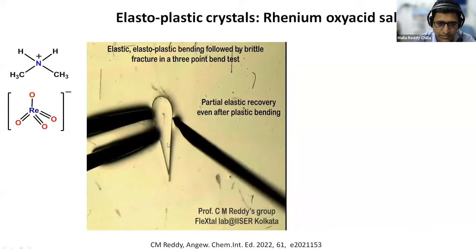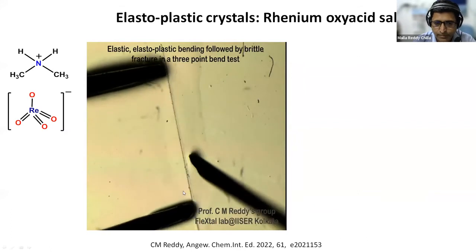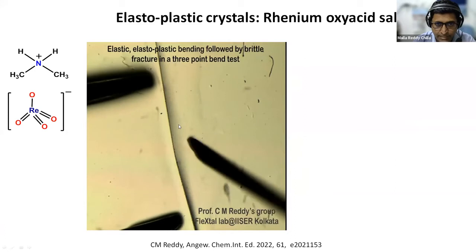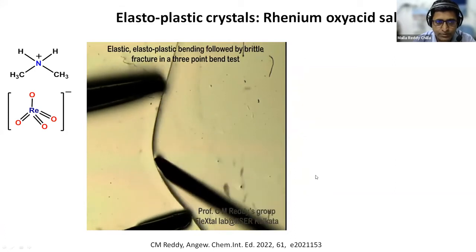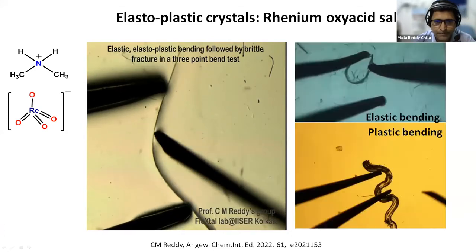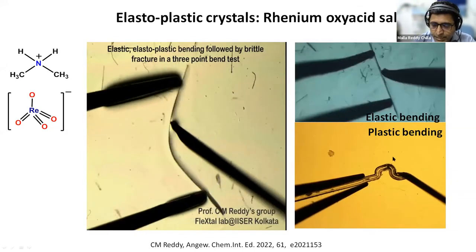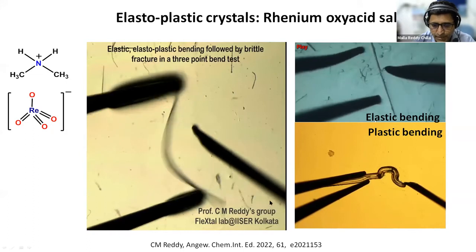For example, it does not recover fully, but there is a small amount of recovery. That means it has both plastic and elastic nature. That is why you call it an elasto-plastic crystal, in between the elastic and plastic crystal types at room temperature.